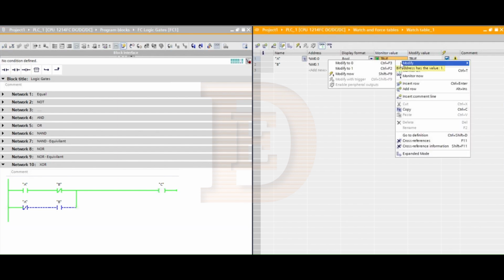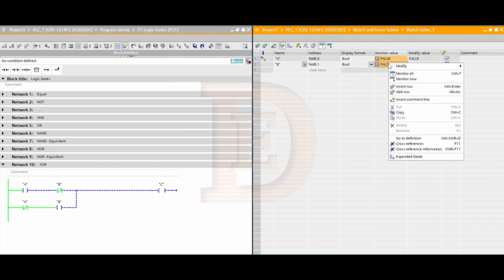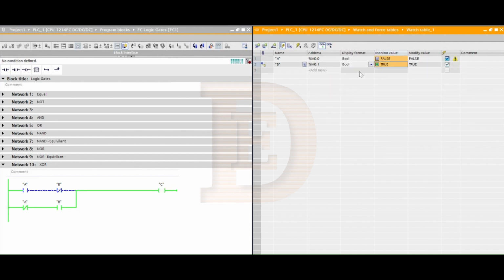The opposite is true, right? If I turn B on, A is negated here, so I need it off. B is normal, so I need it on. The signal is traveling here. Can both branches be on at the same time? There's no way.